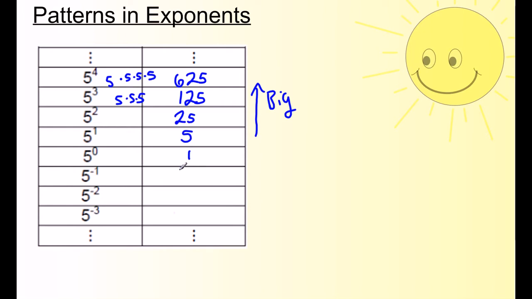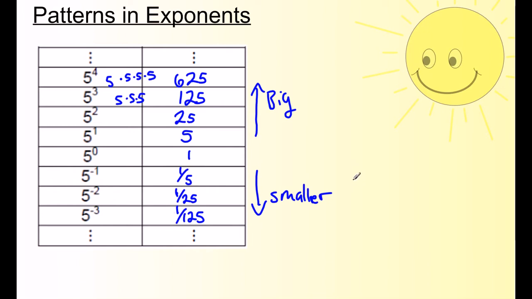So this becomes 1 over 5 to the 1st power, and 1 over 5 to the 2nd power, which is 25, 1 over 5 to the 3rd power, which is 125. So we're getting smaller the more we go down.